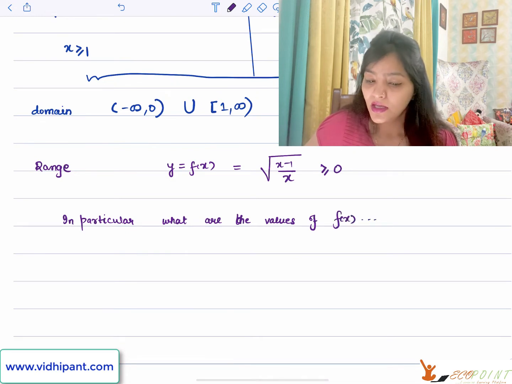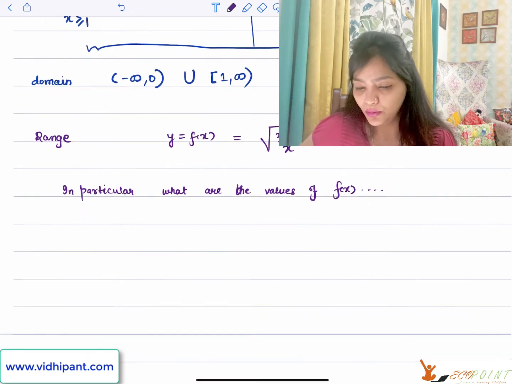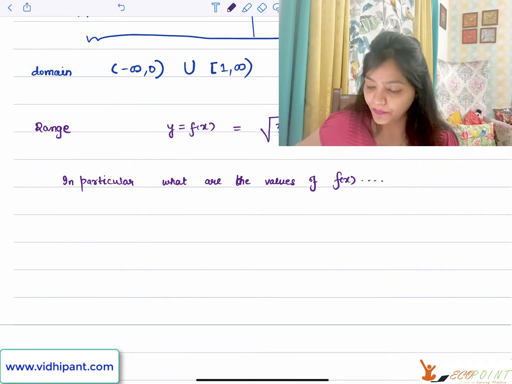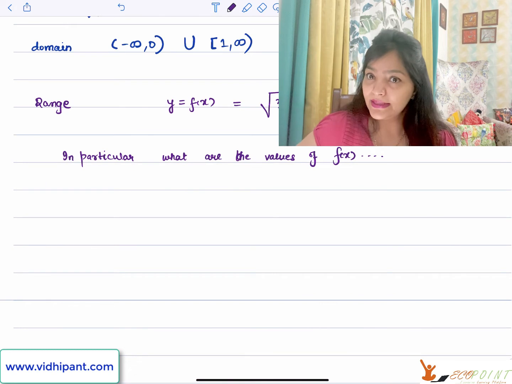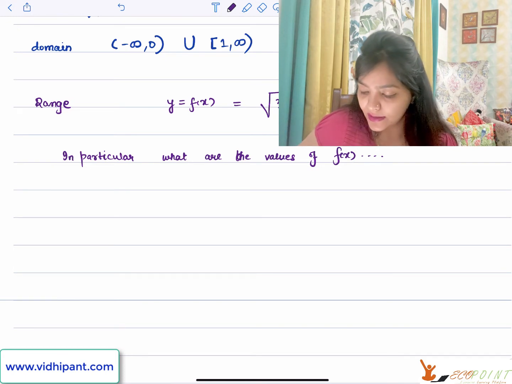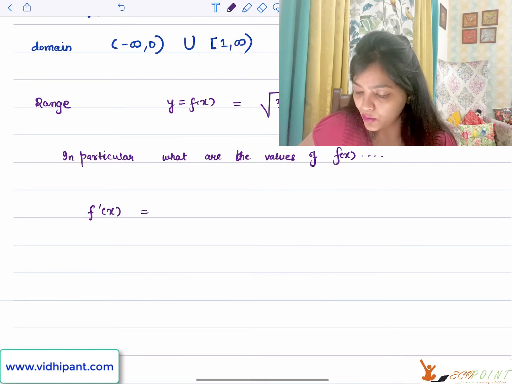Okay, so there are two things that we can do. Now, this is clearly a differentiable function. The moment I see a square root here, it's a differentiable function. So I'm just going to differentiate it. So f dash x will be 1 upon 2 root of (x minus 1) upon x. The story doesn't end here.